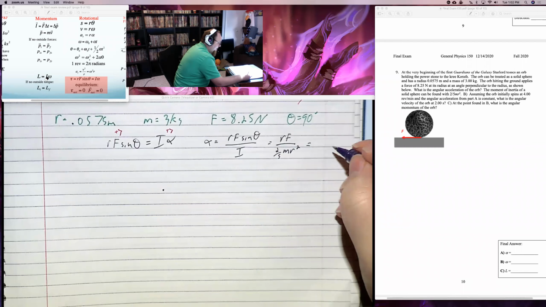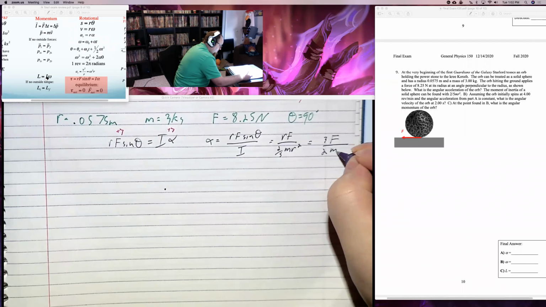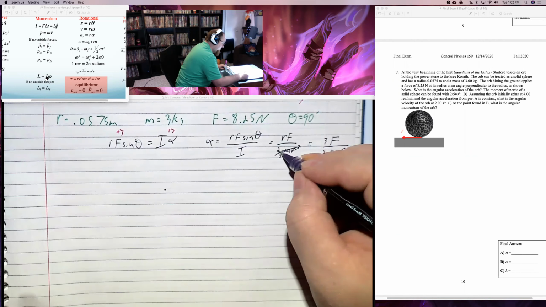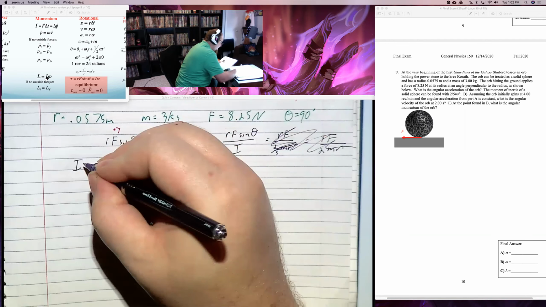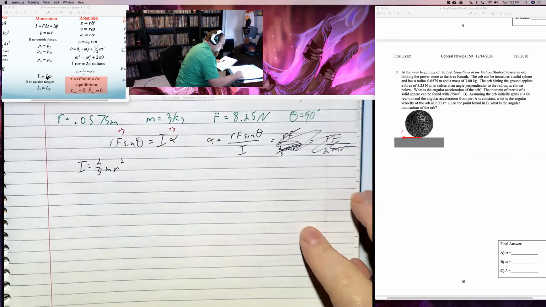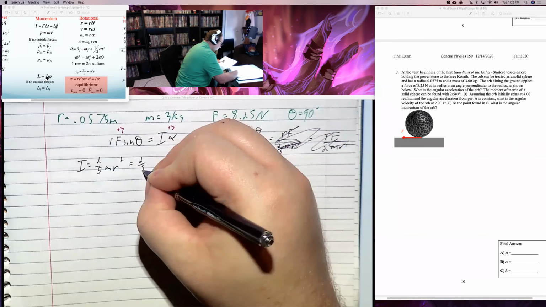I can cancel out an O if I so wanted, and rearrange a little bit. Actually, I did it differently. I just went and solved for I. I also changed from 2/5 to 2/3 here by mistake, but since I just crossed it out, it doesn't matter.